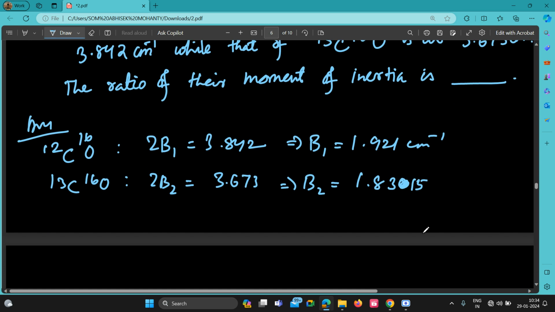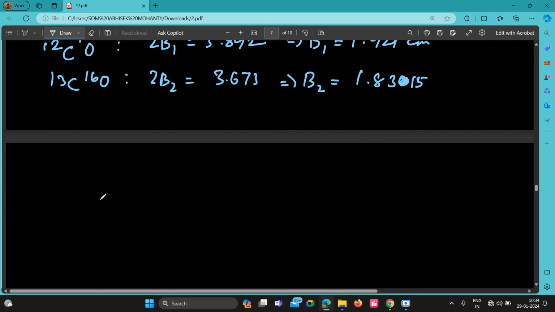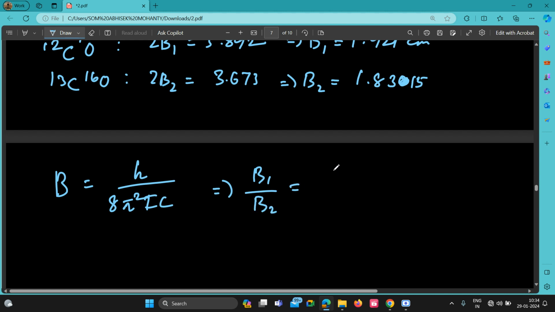What is asked is the ratio of the moment of inertia. We know B is equal to h by 8π²Ic. B is inversely proportional to I, so B1 by B2 will be I2 by I1.